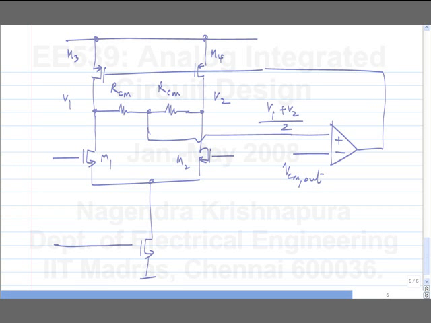What effect does it have on the differential picture? When I draw the differential equivalent circuit, I'll have this point at 0 volts. So I'll have RCM loading the output. The total conductance at the output will be RDS of M1 in parallel with RDS of M3 in parallel with RCM.